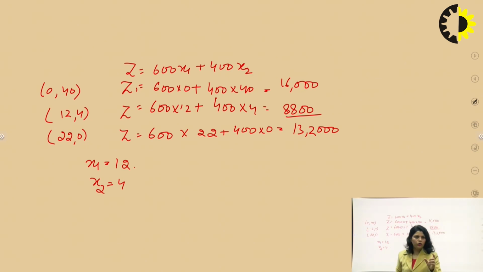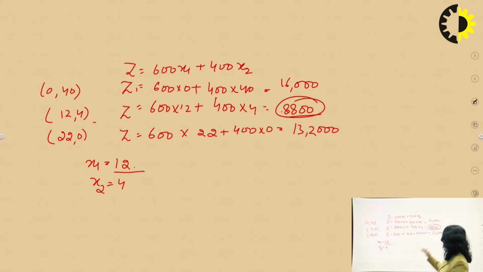Our objective was to optimize the operating cost. Here we are getting the minimum cost at 12 and 4. It means plant L will operate 12 days and plant M will operate 4 days to optimize the operating cost. In this way we can solve the other examples also.